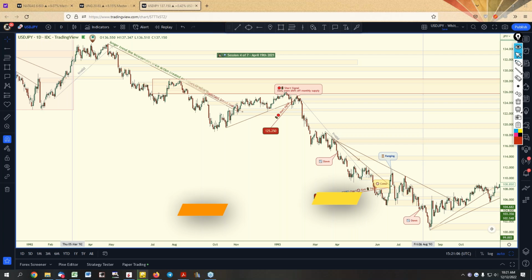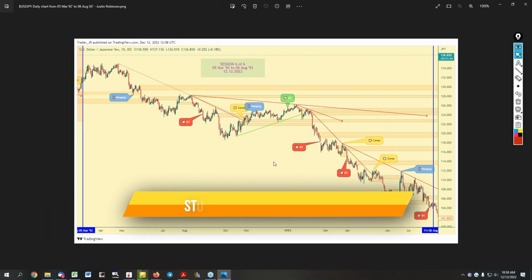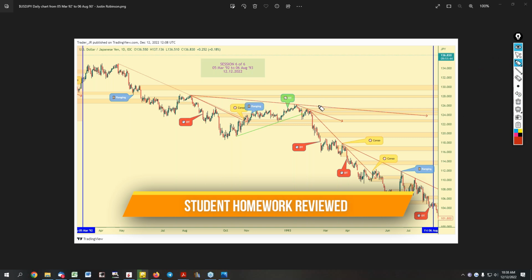I mean, it's just an adventure. Yeah, it was pretty good. Yeah, you found that key area. Yeah, we talked about this trend line.